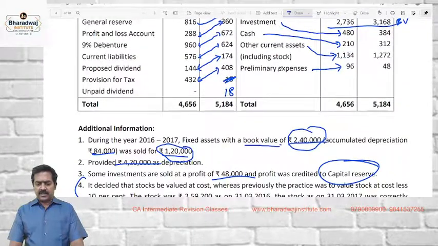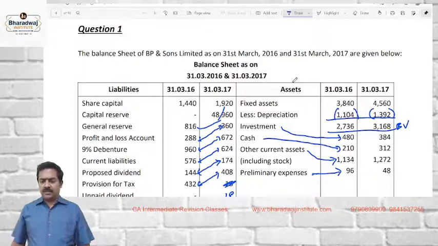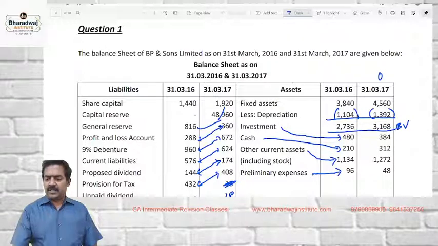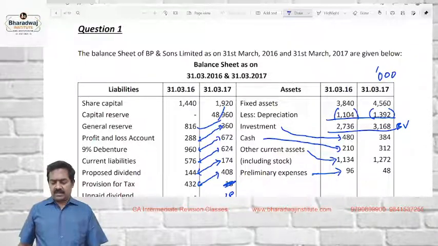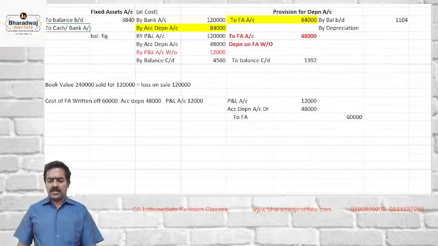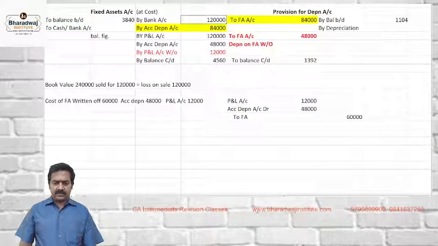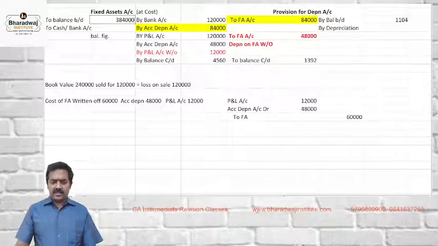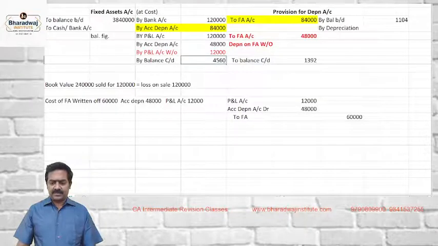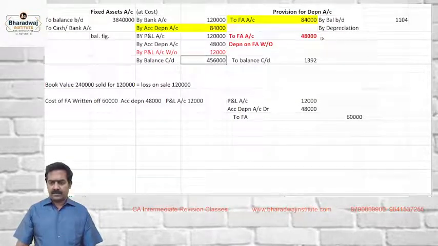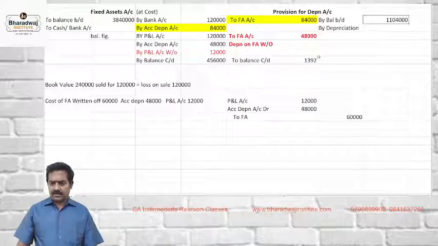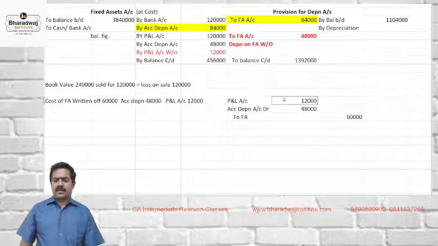Now the rupees in thousands are given. Value should be in thousands. Okay, that is also not typed down. Oh my God. The value should be in thousands. Value rupees should be in what? Thousands. So let us add 3 zeros to it all. In thousands.